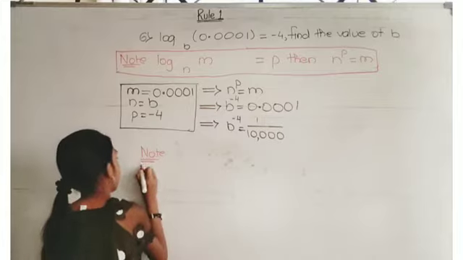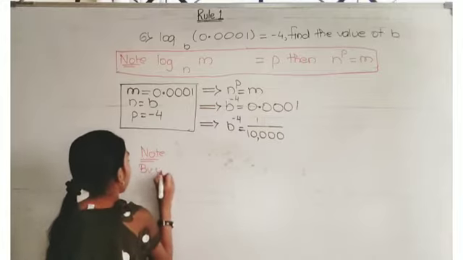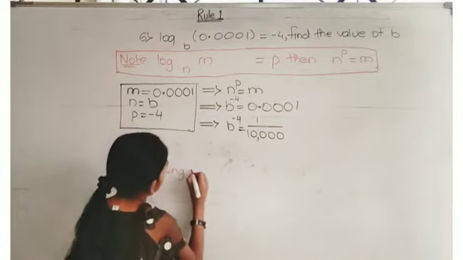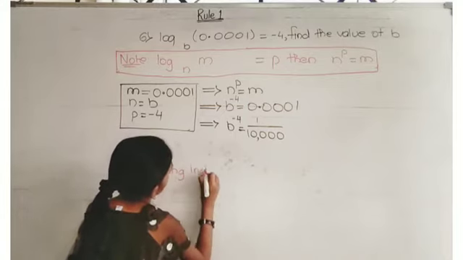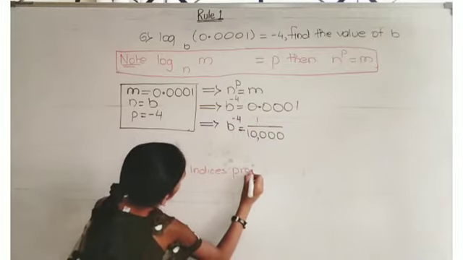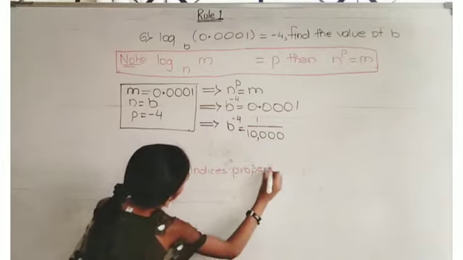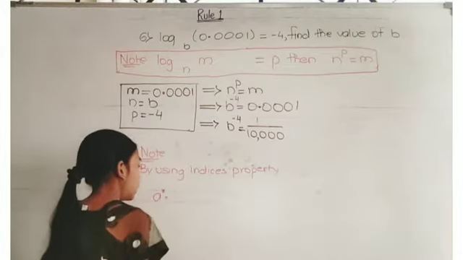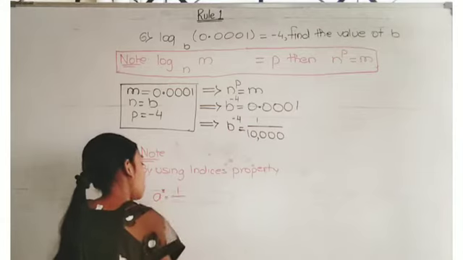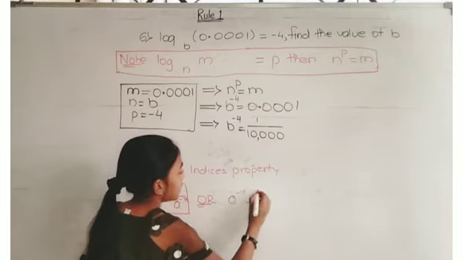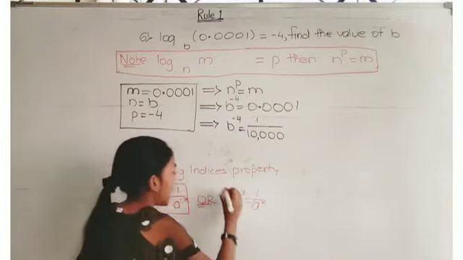Note down, by using the indices property, a raised to minus x is equal to 1 upon a raised to x.